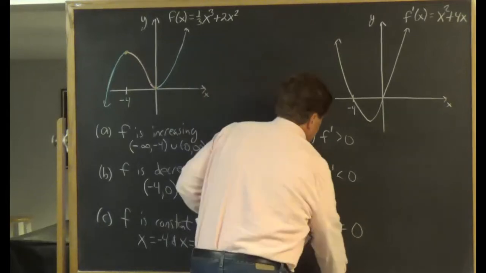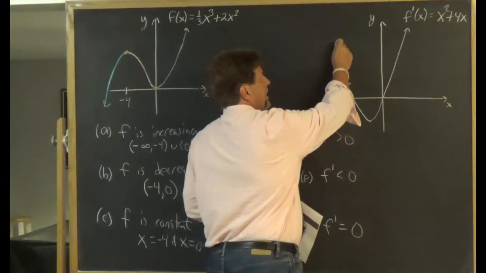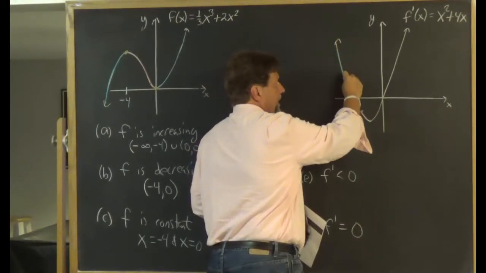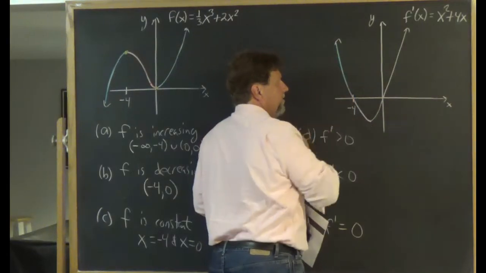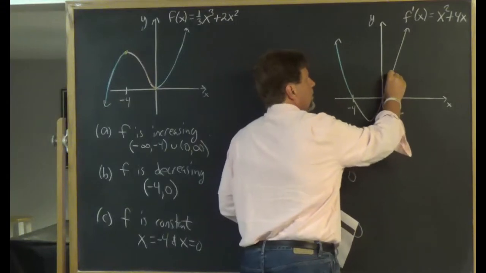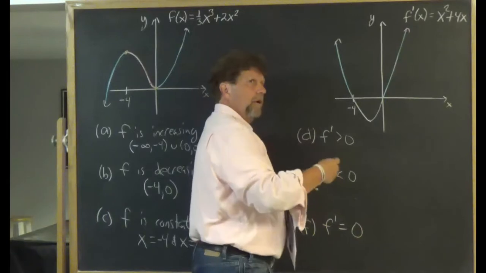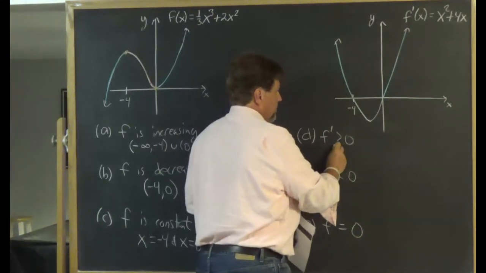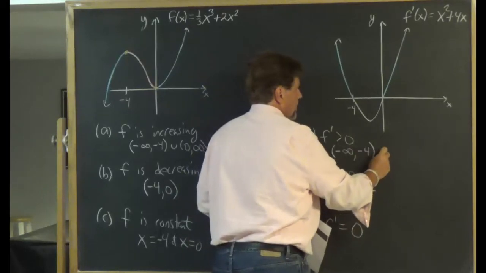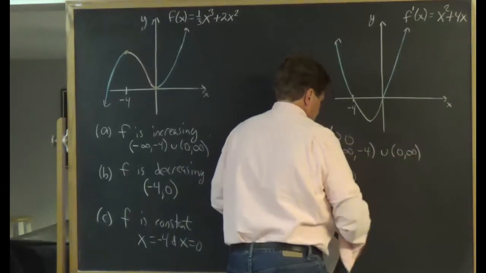It looks like the graph of the derivative is above the x-axis for x values from negative infinity to -4 and from 0 to infinity. So the intervals would be negative infinity to -4 union with 0 to infinity.